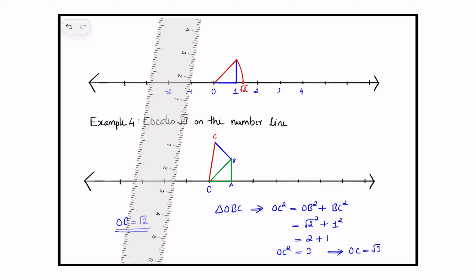Now the same way, I take the compass, I put the pointed head on this particular position, I put my pencil at this particular position, and then I will rotate. I will get root 3 on the number line. Let me do that.